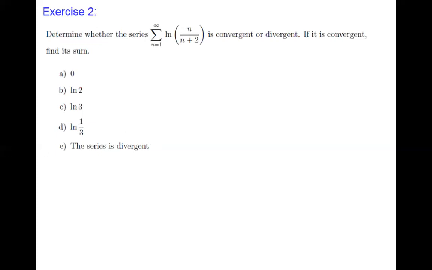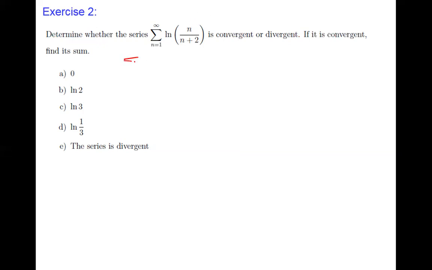Okay, that means again, I don't really see the difference between 2 consecutive terms. However, I see n and n plus 2, which are not consecutive terms, but they are still terms that came from one sequence. And I also know that I can rewrite the logarithmic function as a difference.